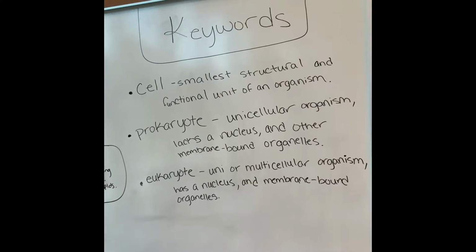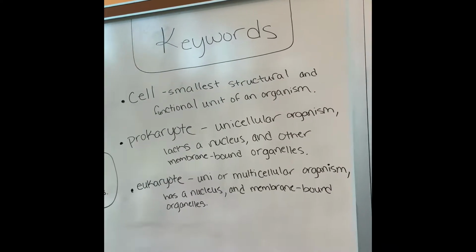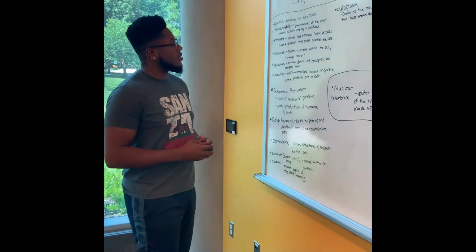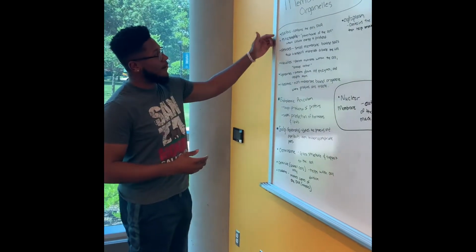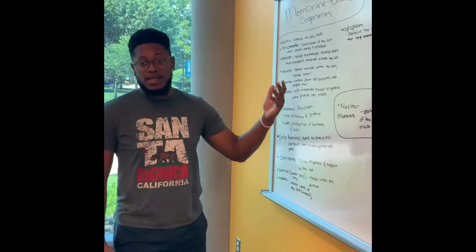Going more into depth as to what these membrane-bound organelles are, starting at the top, we have our nucleus that contains the cell's DNA. This is basically what makes you who you are.